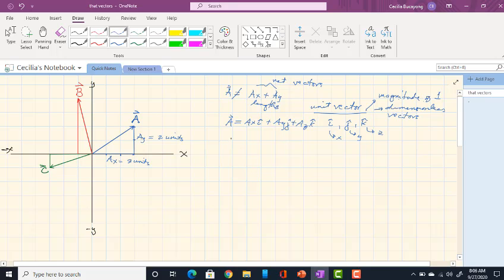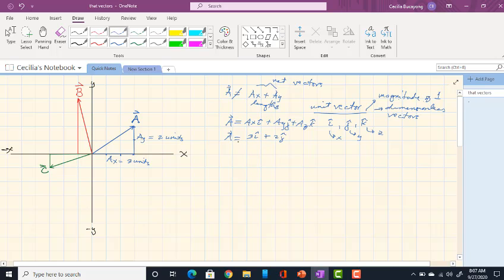So basing on our example, we only have two dimensions. So A therefore is equal to, since we don't have the z-axis, 3 i hat plus 2 j hat.